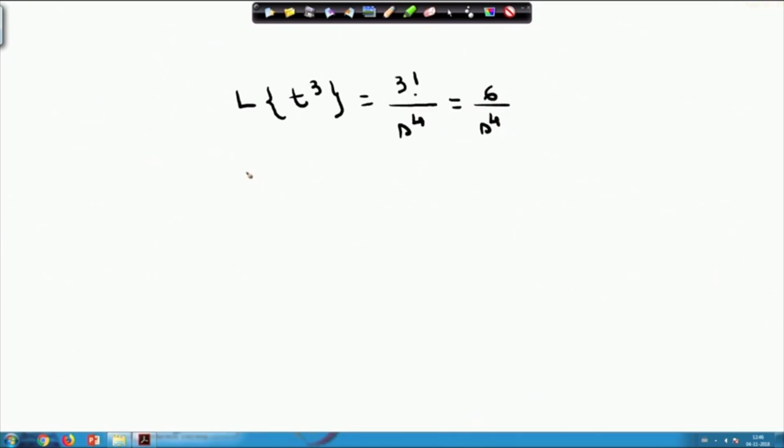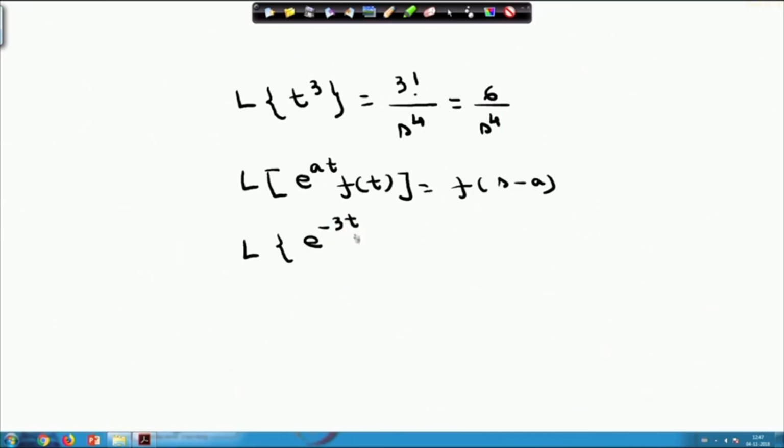Also, we have this theorem, we know that the Laplace transform of e power a t f t is equal to f of s minus a. So, the Laplace transform of e power minus 3 t into t cube, already you know the Laplace transform of t cube is 6 by s to the power 4, and the Laplace transform of e power a t f t is f of s minus a. Therefore, using this property, for e power minus 3 t into t cube, a is equal to minus 3.